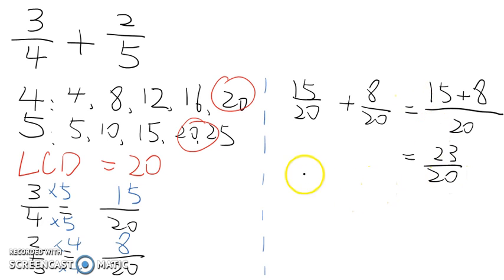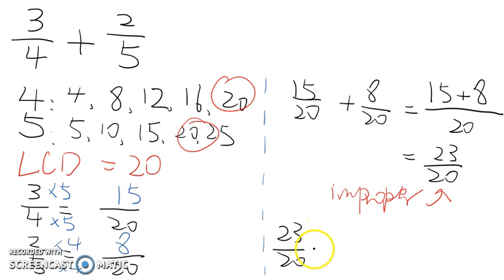Now, do we realize it is an improper fraction? So please, we need to convert it into a mixed number. So lastly, 23/20 equals 23 divided by 20, which would equal 1, with a remainder of 3/20.